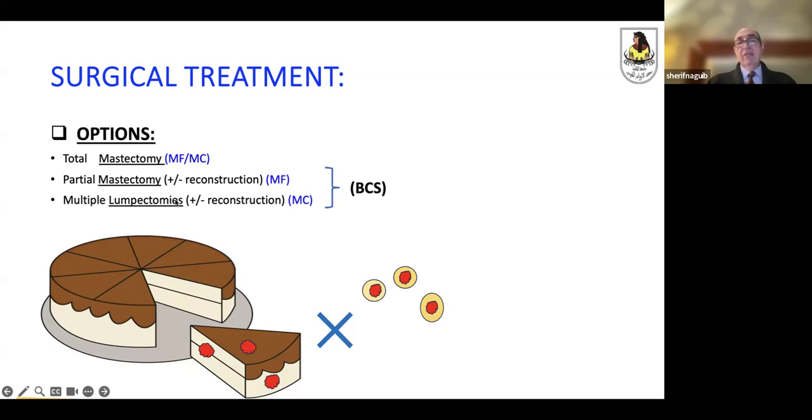And of course, for the last two, whether partial mastectomy, where you remove the segment as a whole, or multiple lumpectomies, where you remove the different tumors separately, each in a separate excision, you probably need reconstruction to improve the cosmetic result.